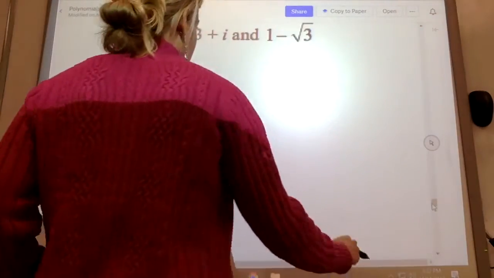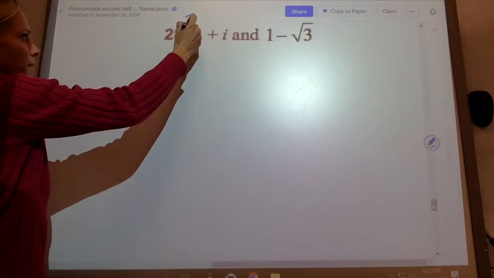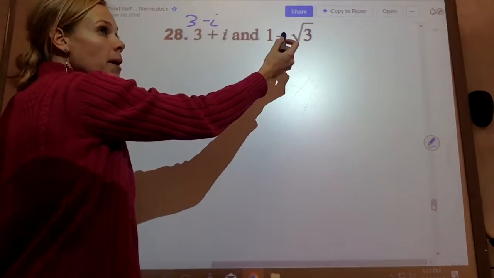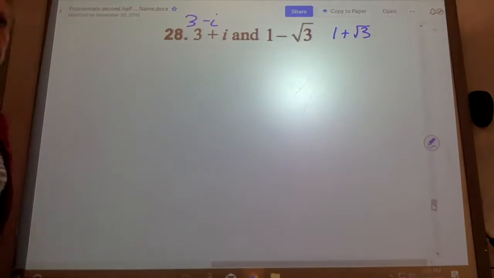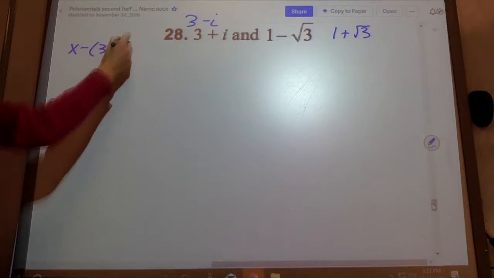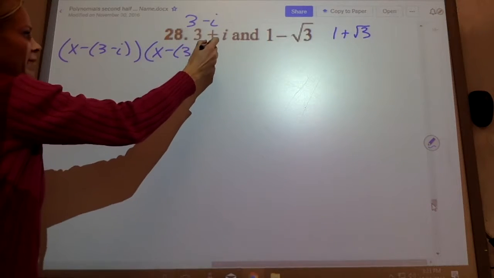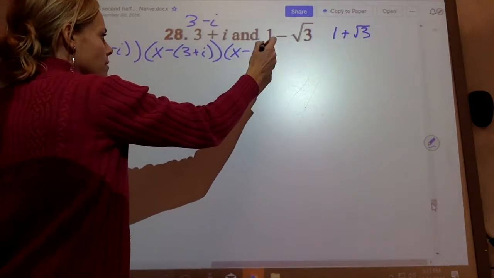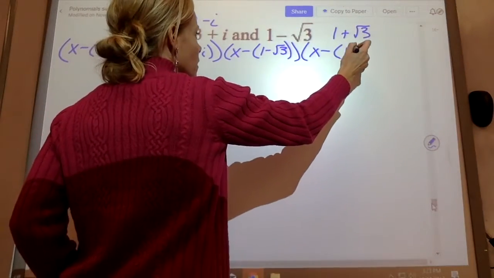So, again, if I have 3 plus i, what's my other root? 3 minus i, very good. If I have 1 minus root 3, and when I set up my factors, I always use what operation? Subtraction. So x minus, right, x minus 3 plus i, x minus, and x minus.